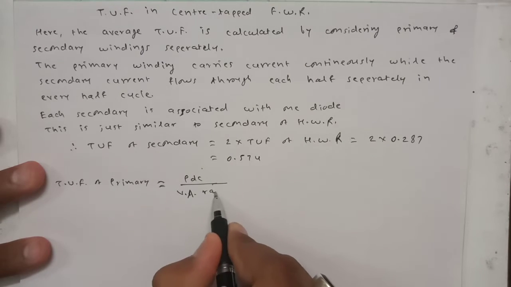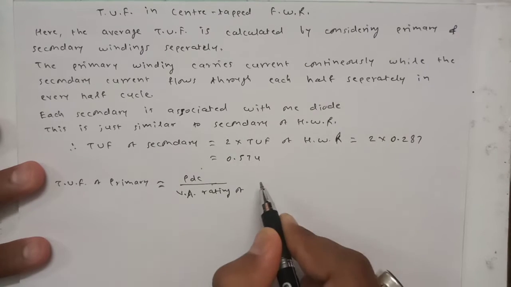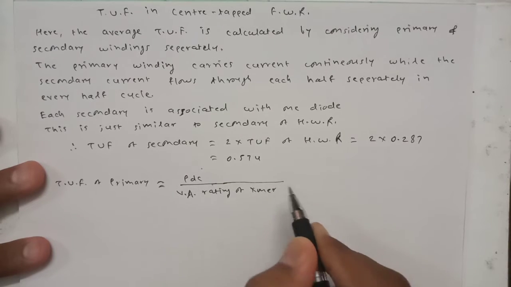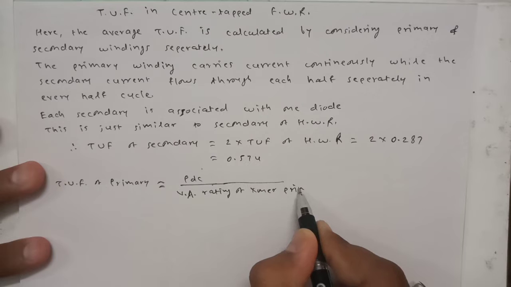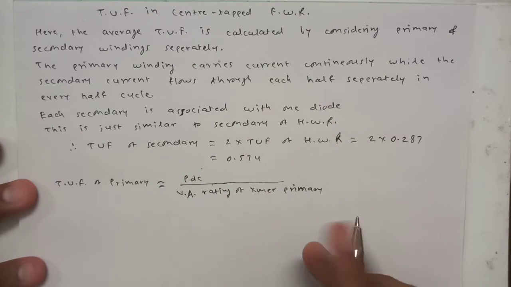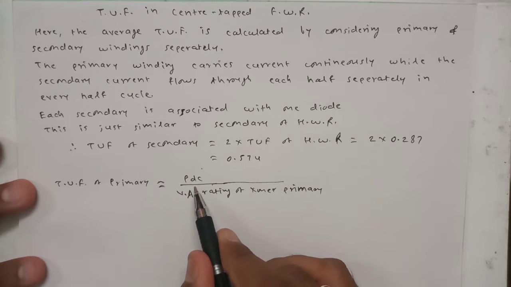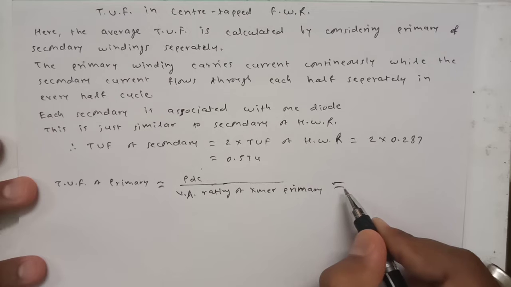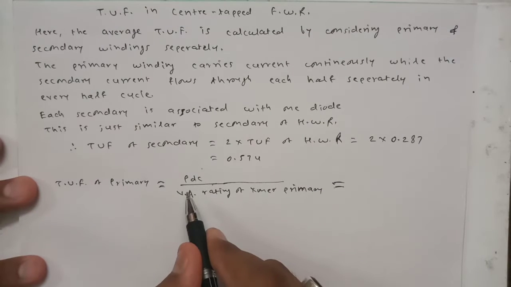VA rating of transformer, and here as we are interested in the primary, that's why I am writing VA rating of transformer primary, right? So now this PDC, we should at this stage, now as we have gone through a number of equations, be remembering some values at least.